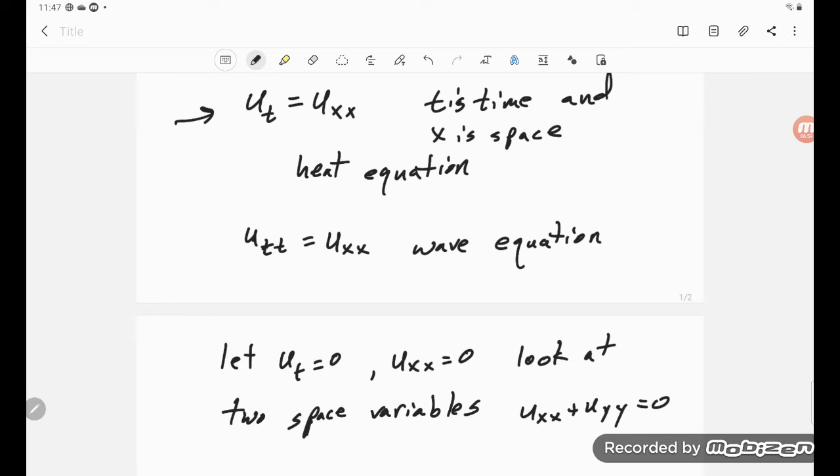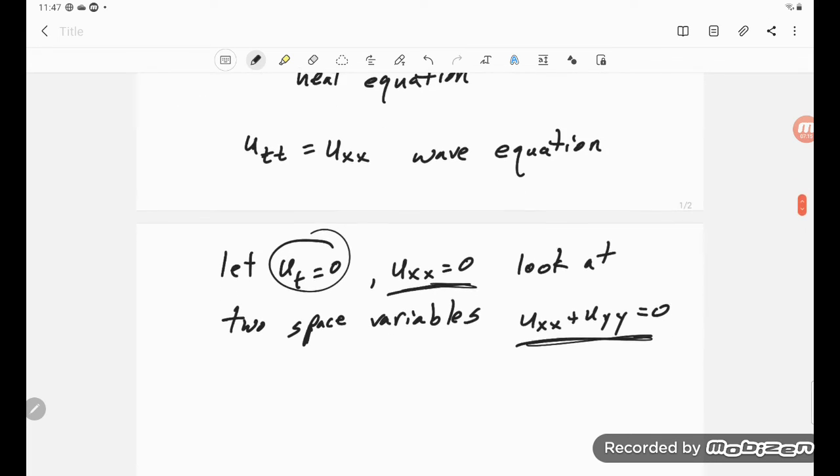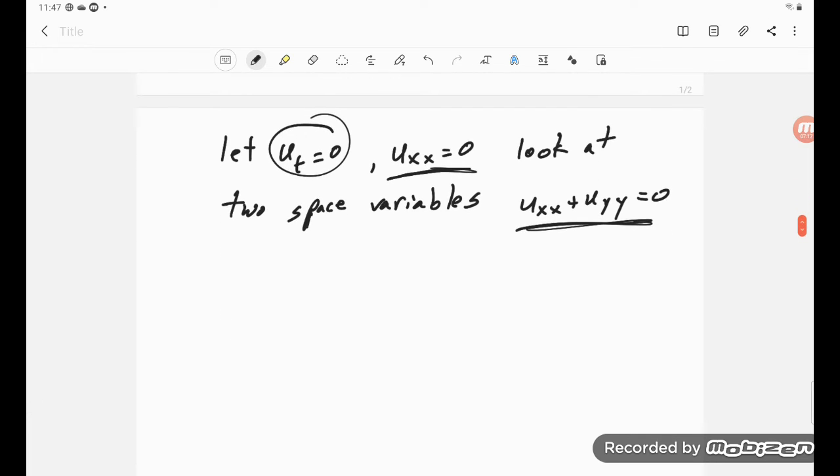It just stays constant. So in that case, we would get that u sub t is equal to 0, and so u sub xx equals 0, or if we had more space variables, something like this.